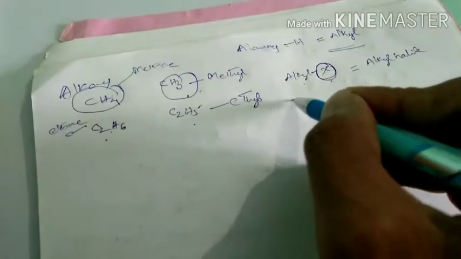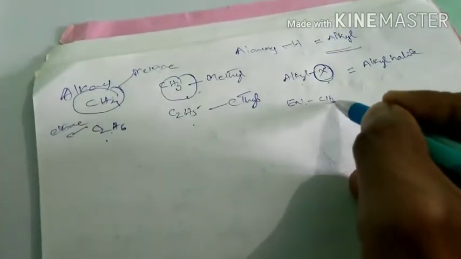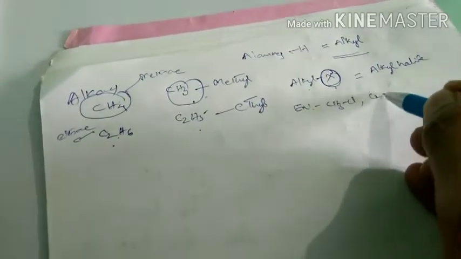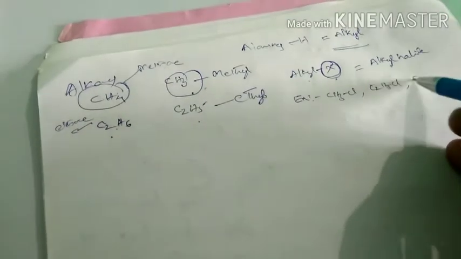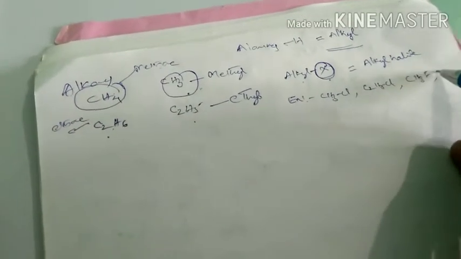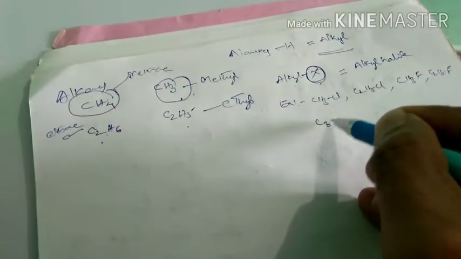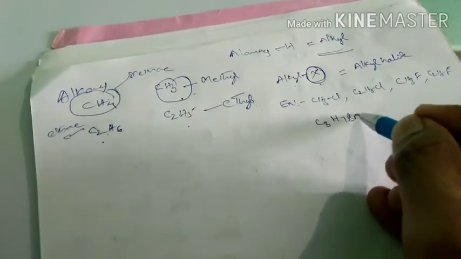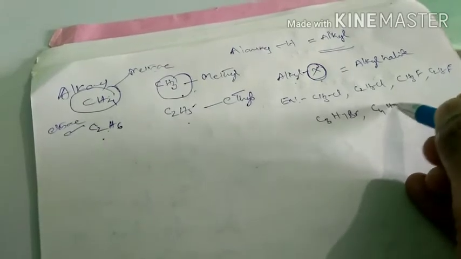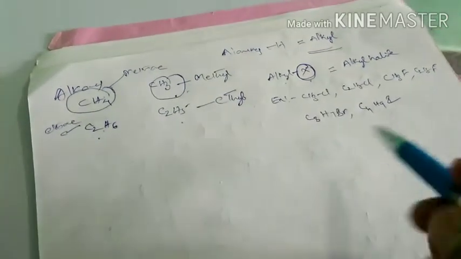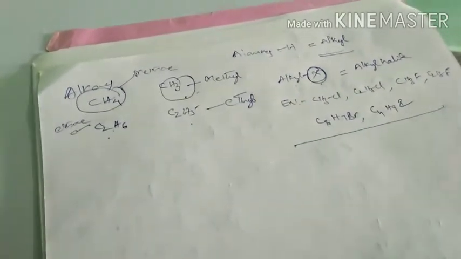For example, CH3Cl, C2H5Cl, CH3F, C2H5F, C3H7Br, C4H9I, like that. All these are what? Alkyl halides.